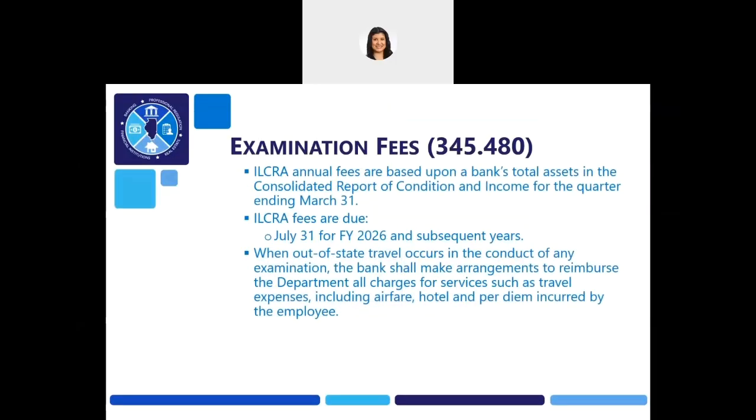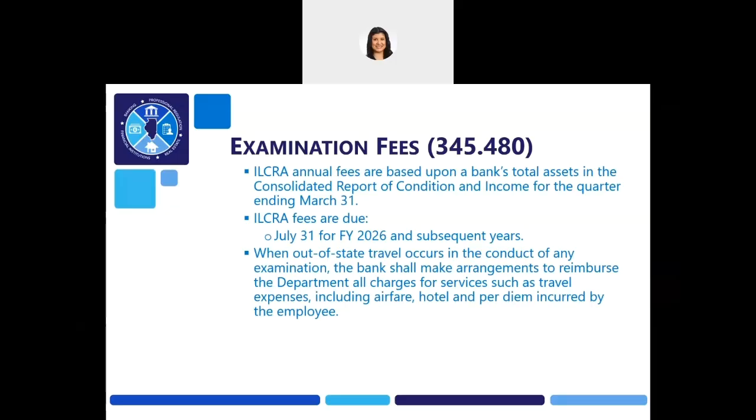All right, examination fees. The Illinois CRA annual fees are based upon a bank's total assets in the consolidated report of condition and income for the quarter ending March 31st. The fees are due on July 31st, 2025 for fiscal year 2026.